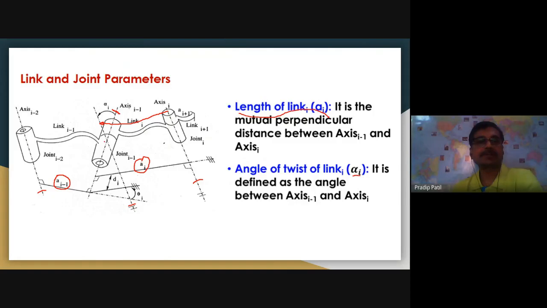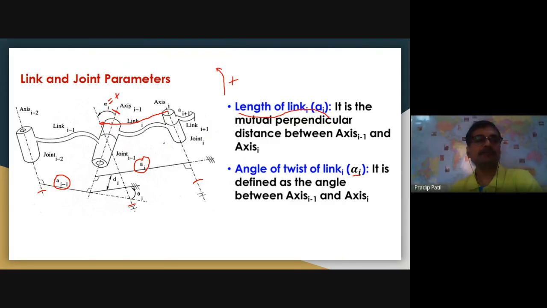Suppose i is here and i minus 1 is here, so I will transfer this i over i minus 1. Now the angle made by i with i minus 1 can be seen here as anticlockwise. That is why this angle will be a positive angle, because we generally have a notation that anticlockwise is positive. So the angle made by axis i with i minus 1 is alpha i.